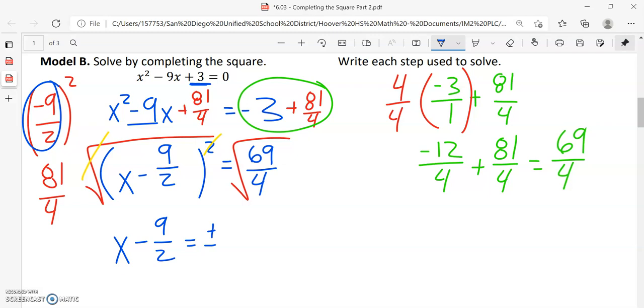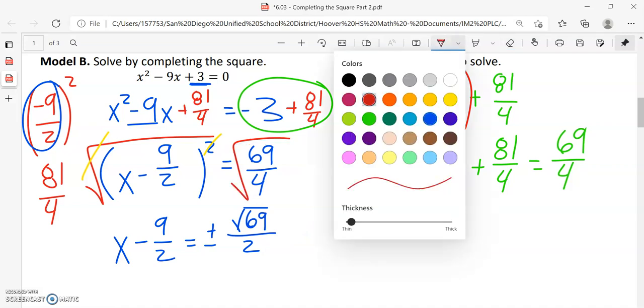But the square root of 4 is 2. So square root of 69 up top over 2. You notice these are written differently. My square root here is over the entire thing up here. In the bottom, it's only on the top. So just make sure you look at that notation and see how it's different.